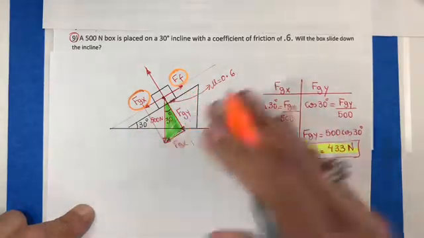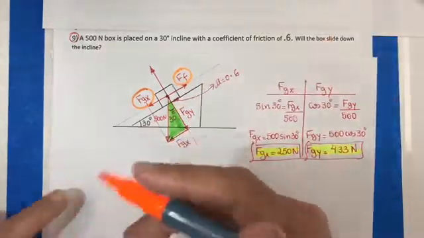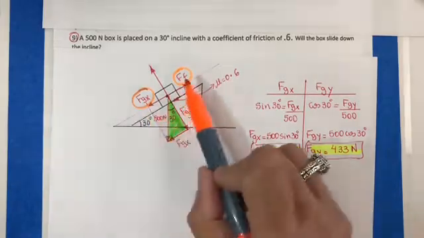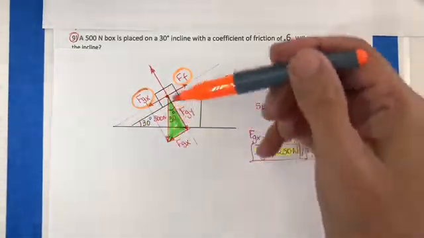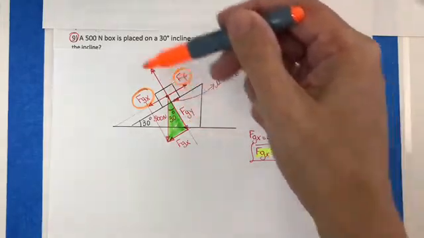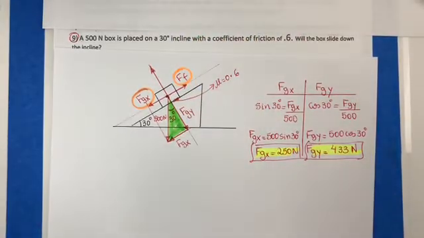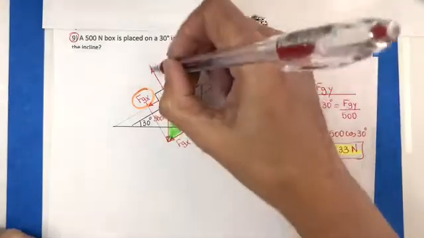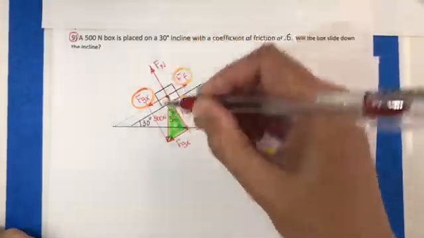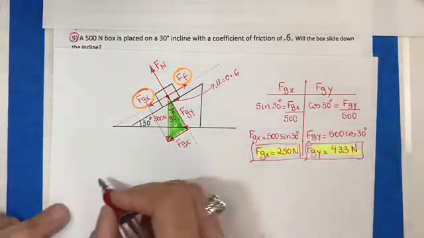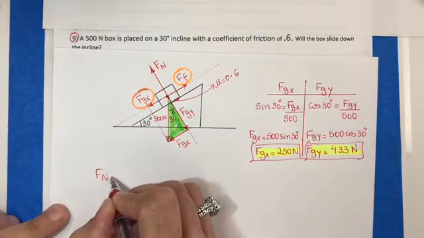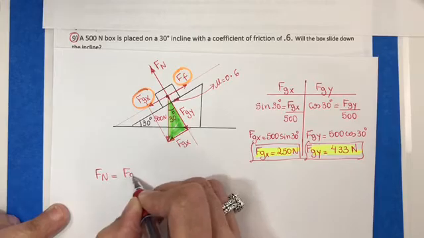If the problem mentions the box is sliding, it is because I'm not going to consider these forces in equilibrium or equal. However, in the vertical direction, our Fn, that I didn't label here, and Fgy are equal. So our Fn is equal to Fgy.